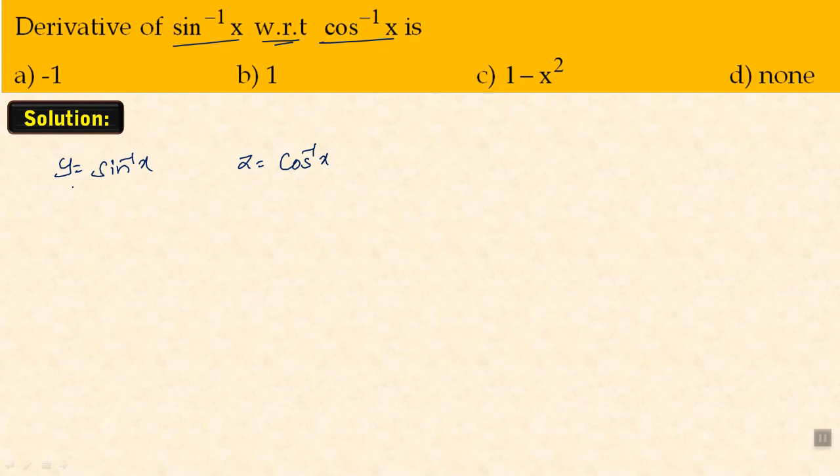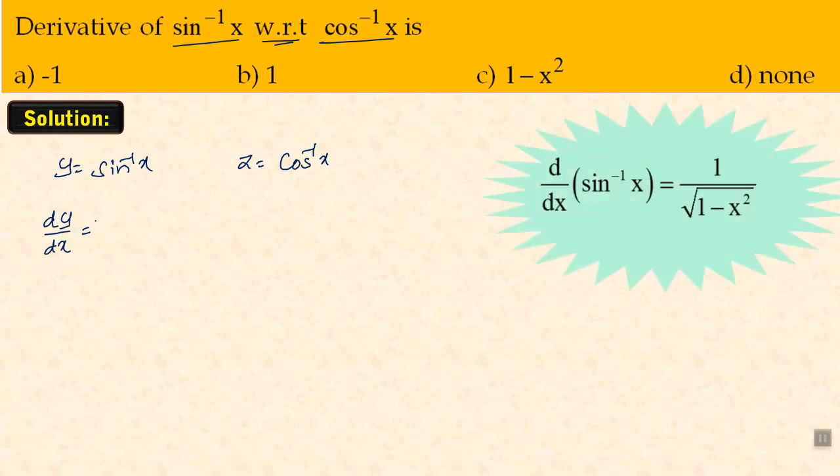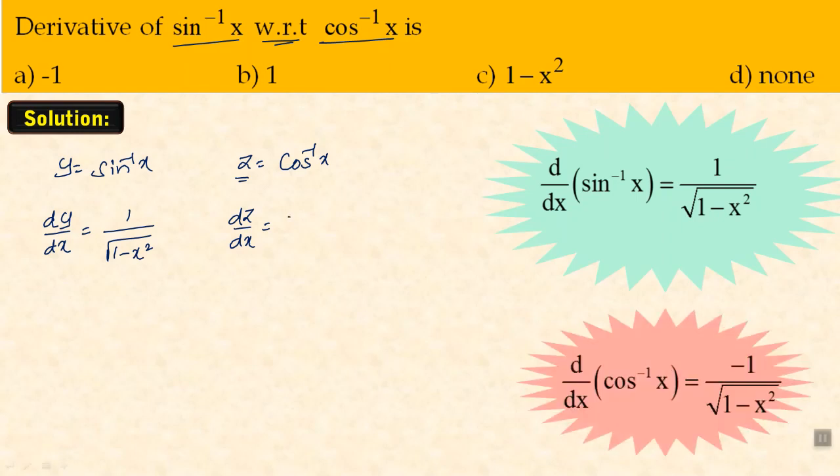Here differentiating with respect to x, we get dy by dx is equal to, differentiation of sin inverse x is 1 by root of 1 minus x square. Here differentiating with respect to x, we get dz by dx is equal to, differentiation of cos inverse x is minus 1 by root of 1 minus x square.